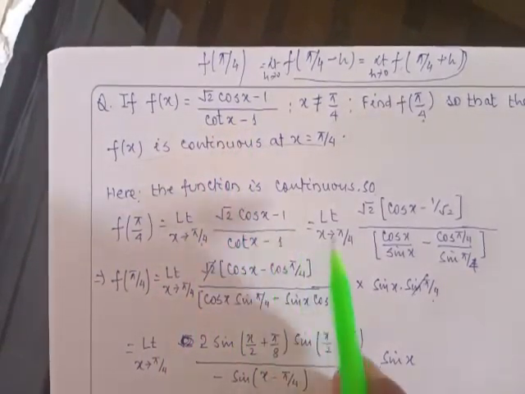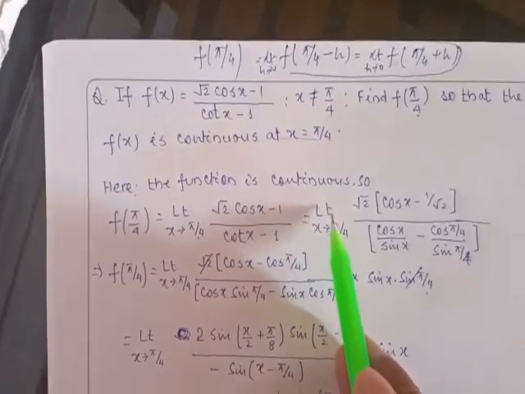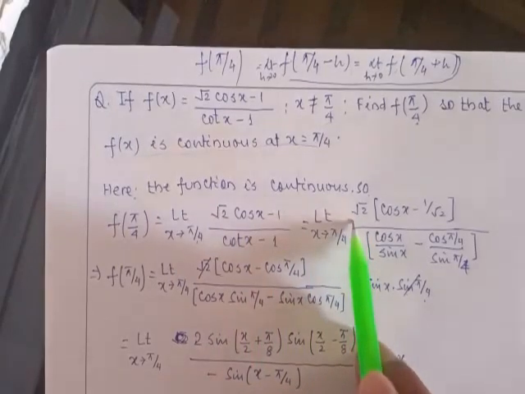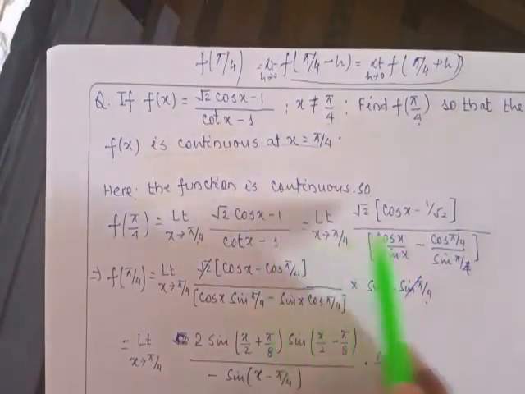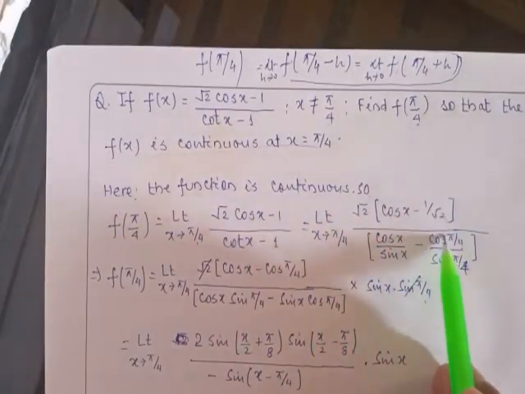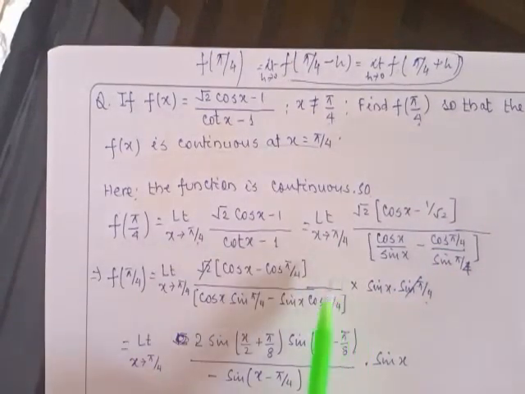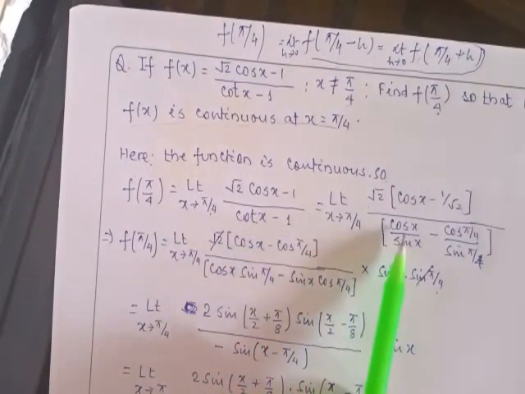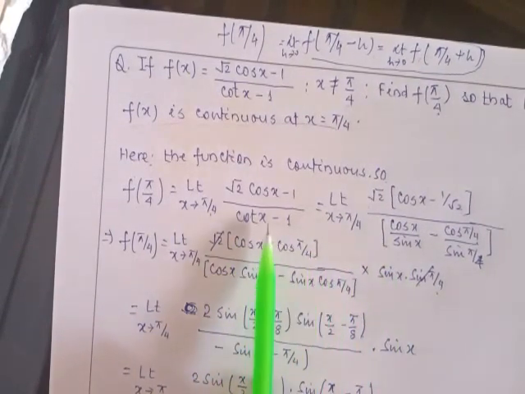In the very first step, here we took root 2 as common in the numerator. So it becomes cos x minus 1 by root 2. And in the denominator, write cot x as cos x upon sin x and minus 1.